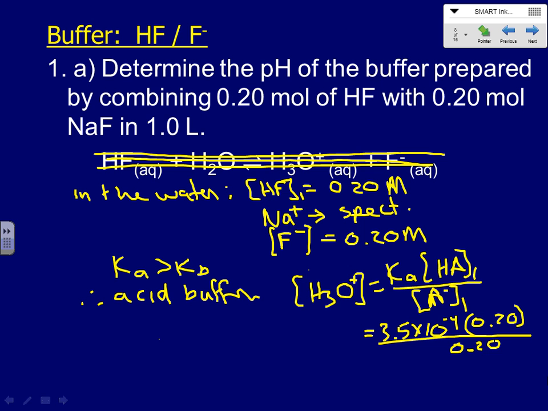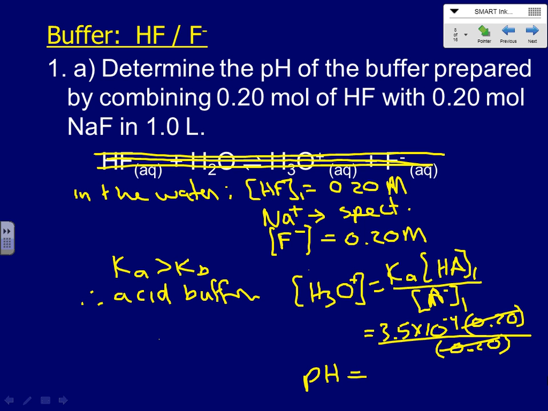That's coincidental, right? We have the same amounts. You'll notice it doesn't have to be. I could have had 0.2 and 0.3 or any other combination. But in this case, quite convenient, I can cancel that out. And so the [H3O+] is the Ka, and therefore the pH is.